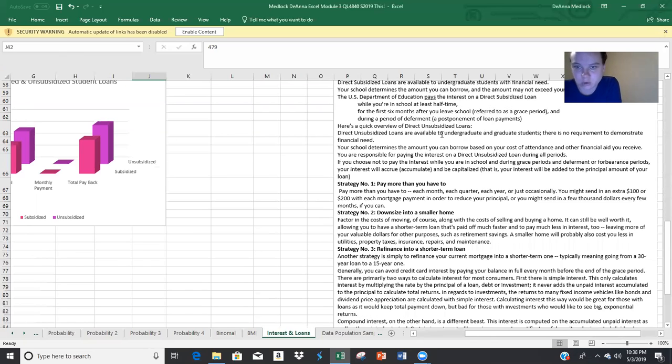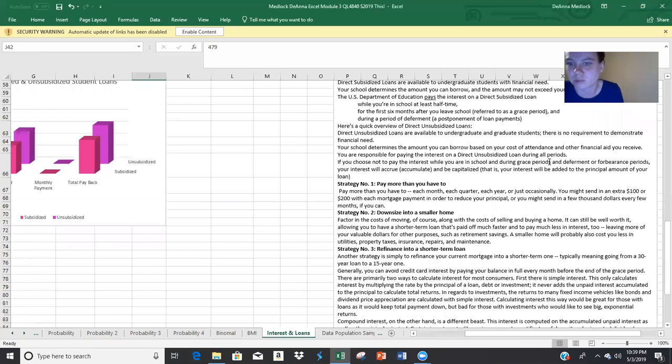And then a quick overview of direct unsubsidized loans is that these are loans available to undergraduate and graduate students. There is no requirement to demonstrate financial need, meaning that you can borrow more than just what you need to pay for books and whatever you need for school. Your school determines the amount you can borrow based on your cost of attendance and other financial aid you receive.